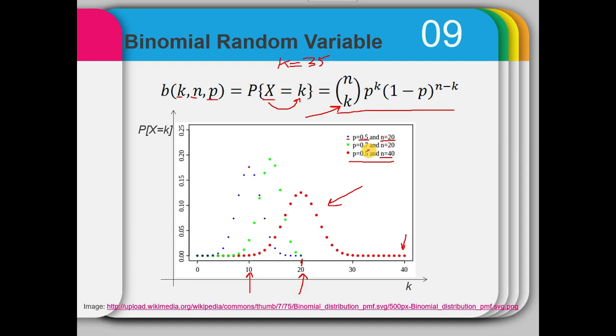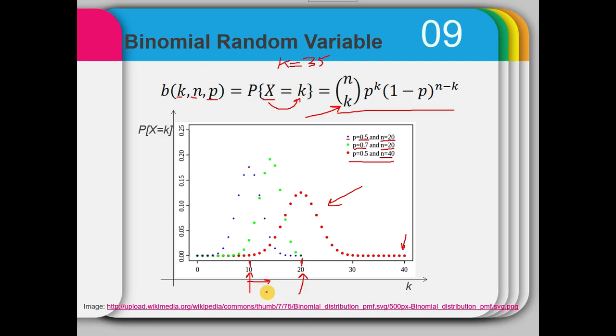If you slightly increase the value of p, for example in the green dots, p is equal to 0.7, and again the experiment was repeated only 20 times. So the green dots end over here, and now the peak is not at the center, x equal to 10. In fact, because success has more chance now, 70% chance of success, the peak moves towards this side, because we are trying to observe more successes.